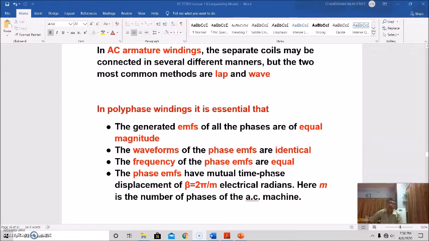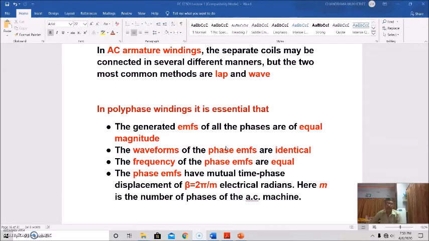Now we'll discuss polyphase windings. It is essential that the generated EMFs of all the phases are of equal magnitude.